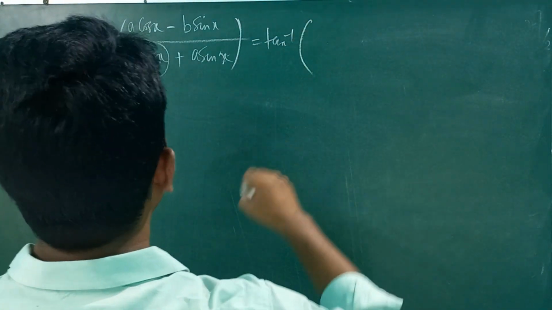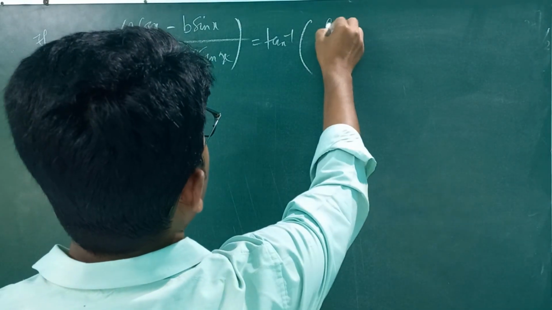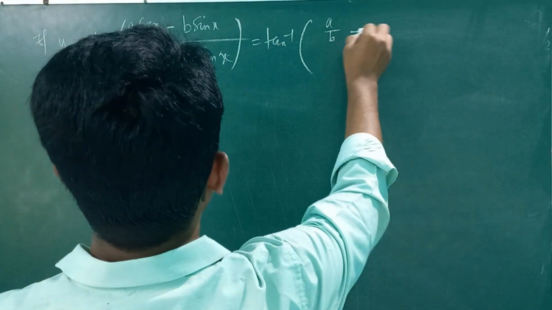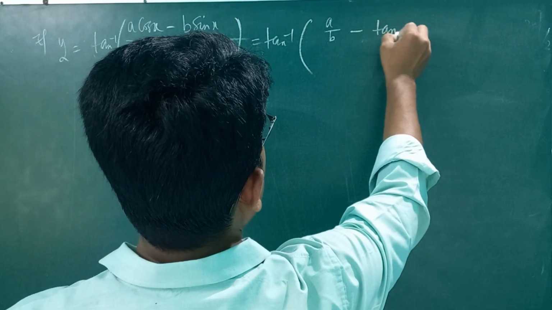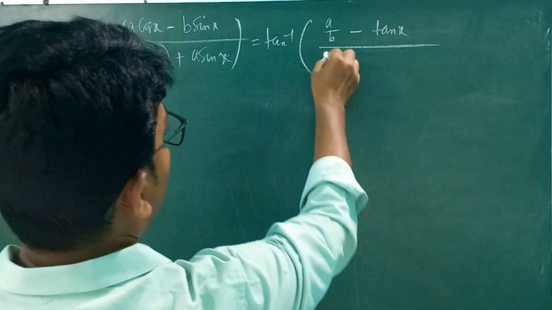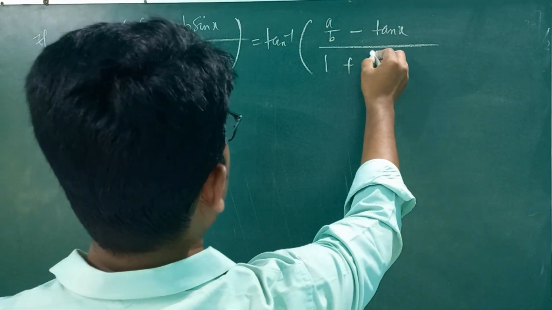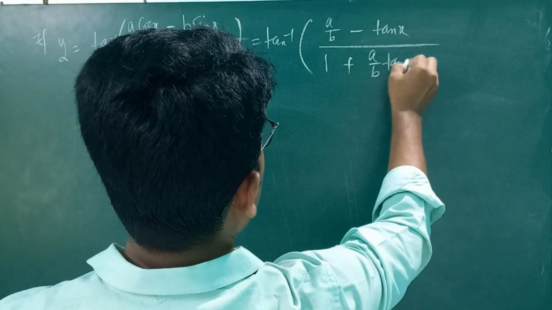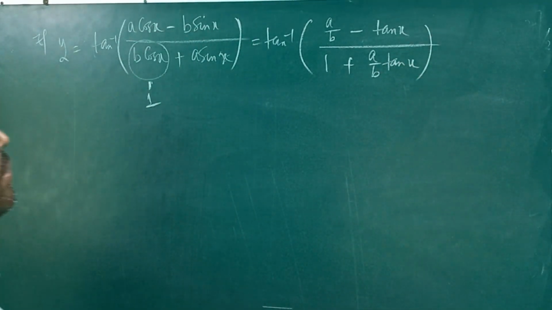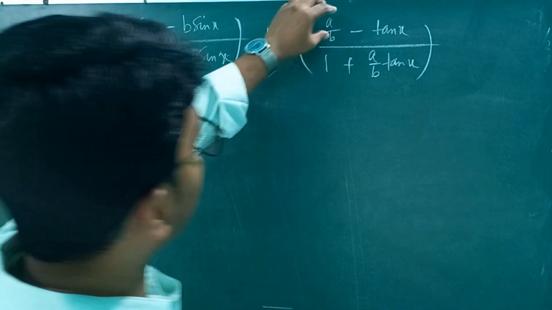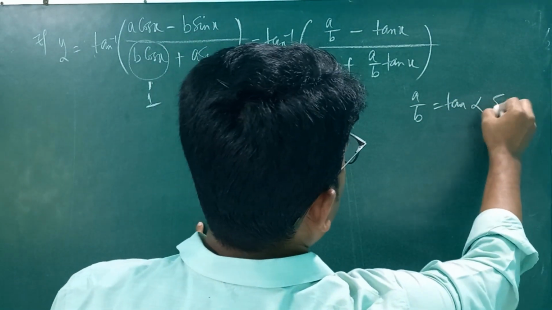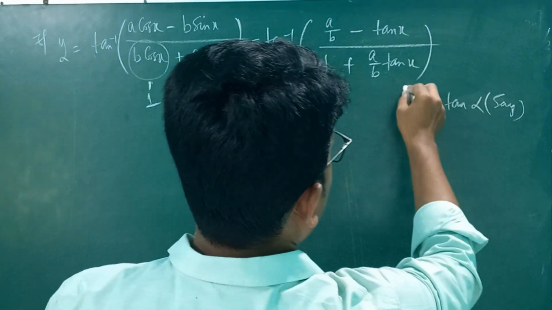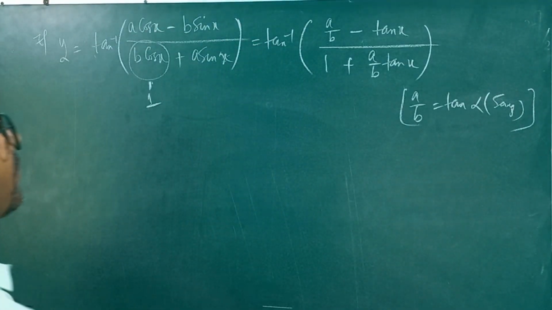Tan inverse of (a by b minus tan x) by (1 plus a by b tan x). Now if you think this a by b equal to something, tan alpha, say, then what it will become?